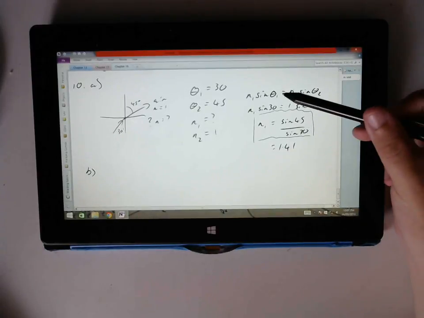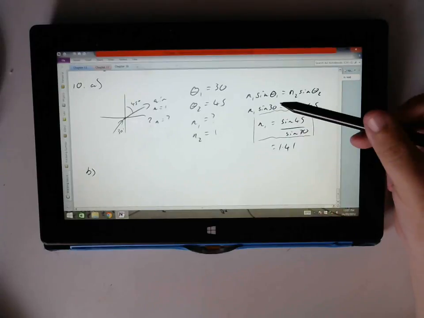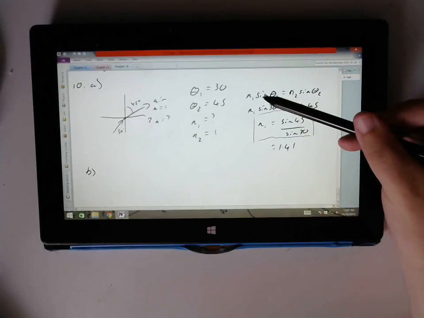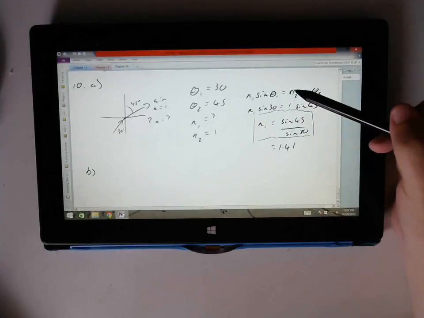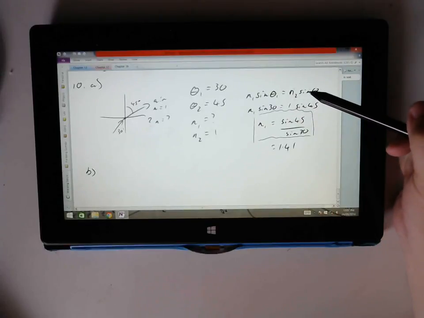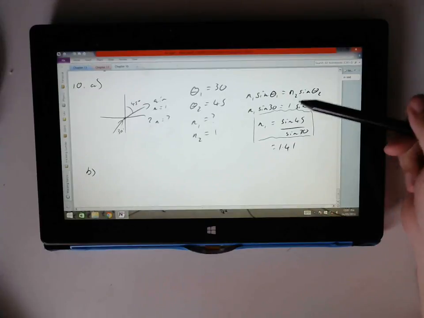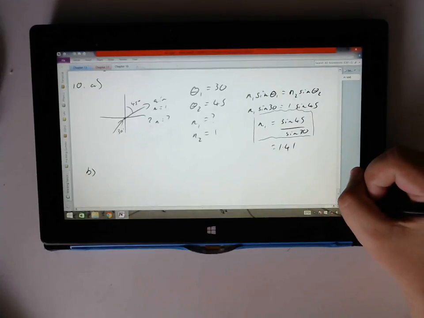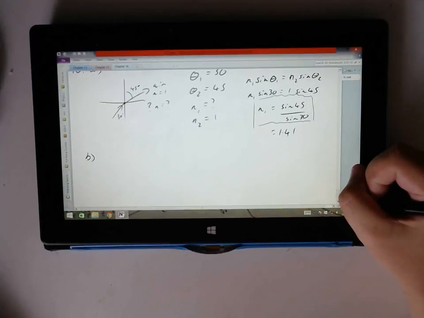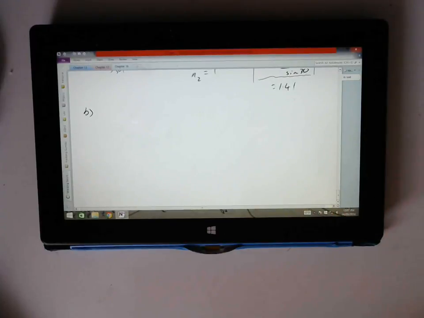You don't need to write these steps over and over. If we did this rearrangement first with algebra to get that n1 equals n2 sine theta 2 over sine theta 1, then you go, alright, well now we can just use that over and over again and skip a couple of steps. That sort of being comfortable with math in that way is really useful for physics problems.